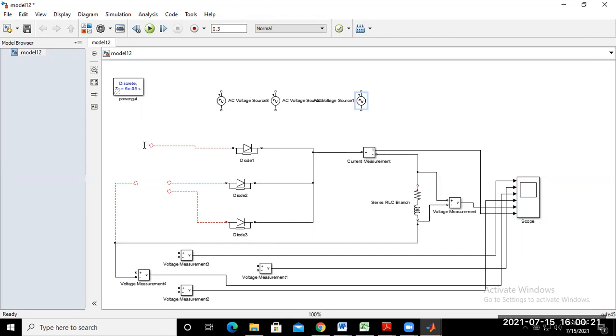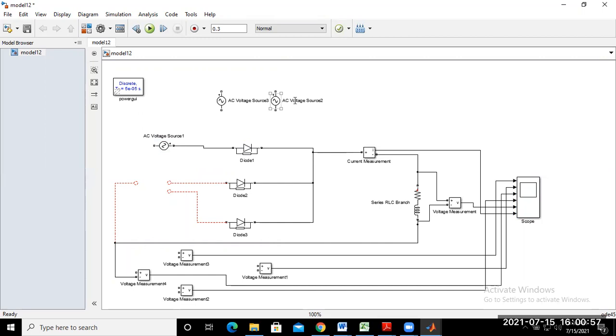A connection between two blocks, if not connected in the proper way, will show a red line. Concentrate on the connection. So just rotate this one. And the positive terminal of this AC voltage source is connected to the anode of diode 1.